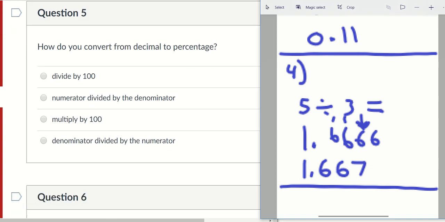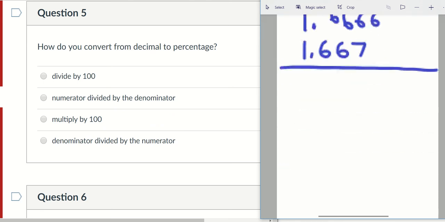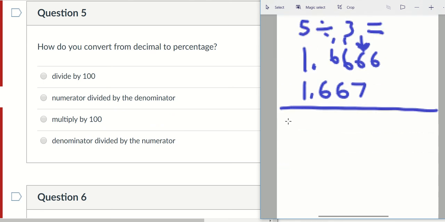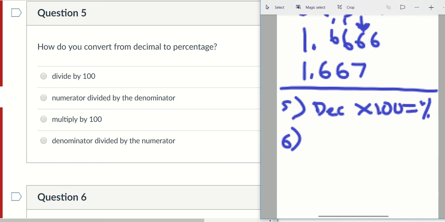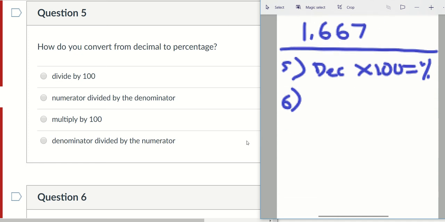Number 5. How do you convert from decimal to percentage? Yep. So you have a decimal. All I do is multiply by 100 to get to percentage. So for us in this course, you don't have to put the percent symbol in your answer box. You just have to put in the numerical value.